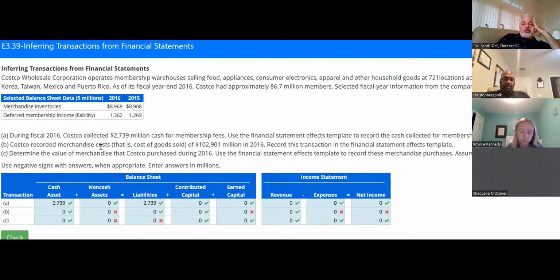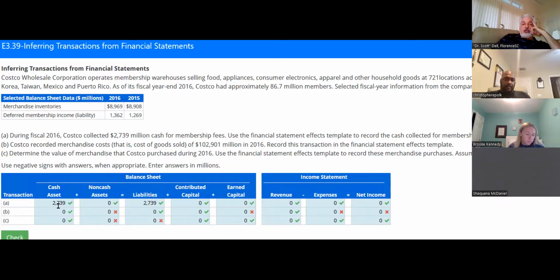All right, merchandise cost of goods sold, 102,901. Record the transaction in the financial statement effect template. So they have merchandise cost of goods sold. So where does cost of goods sold show up? Wouldn't that be your negative cash assets? Would it be negative?